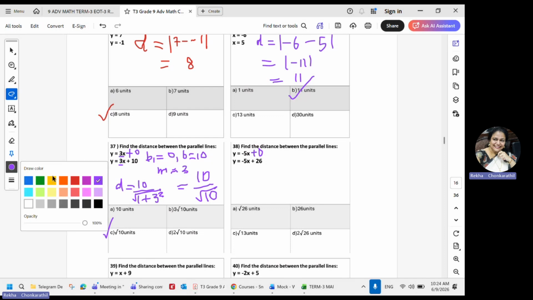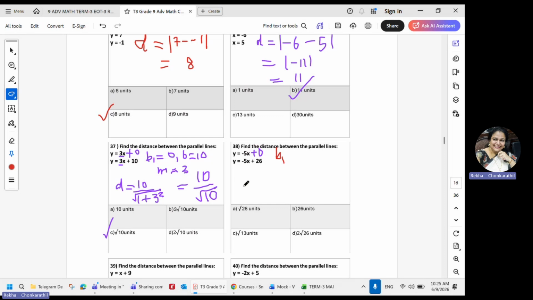Here you have your B1 and B2's. This B1 is 0. B2 is 26. And M1, not M1, we have only one M. We have M equal minus 5.